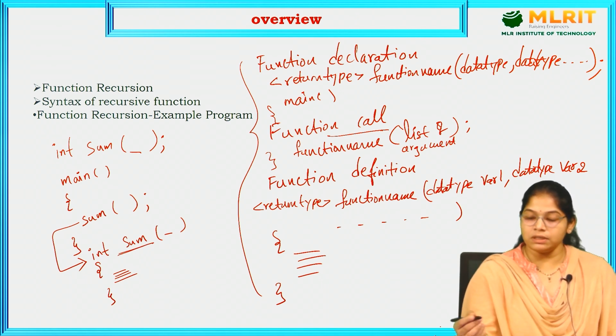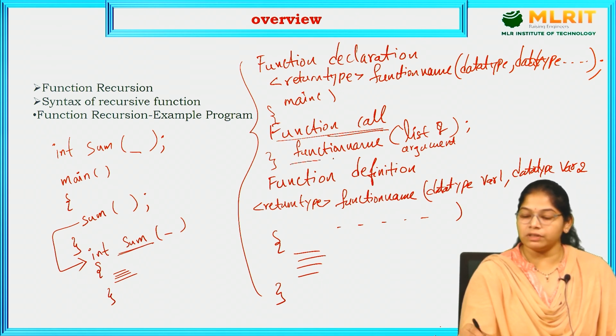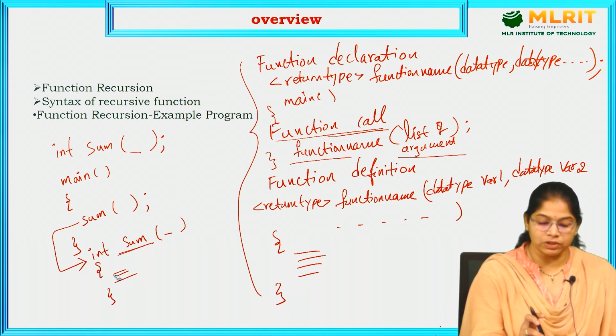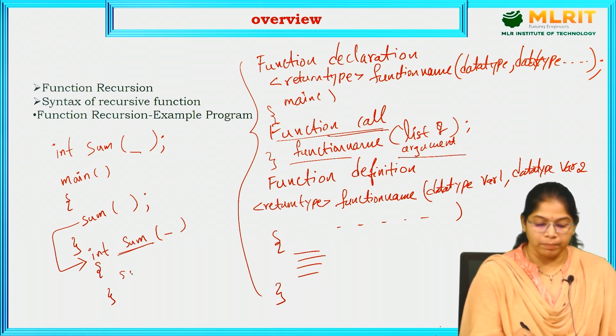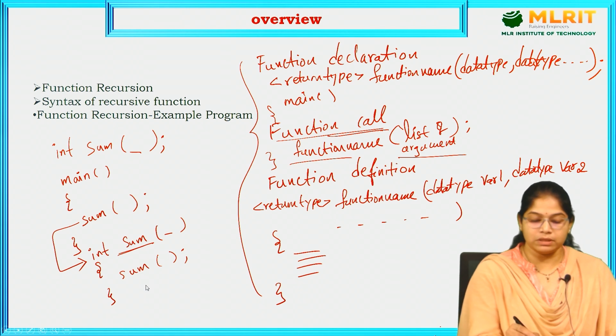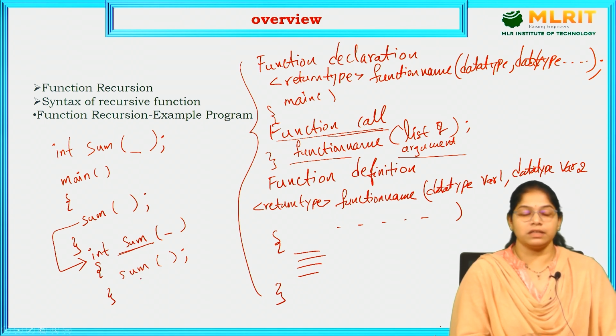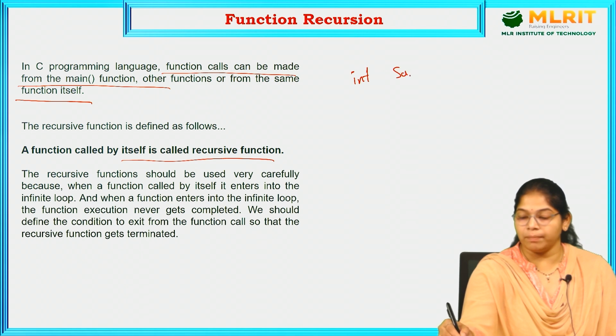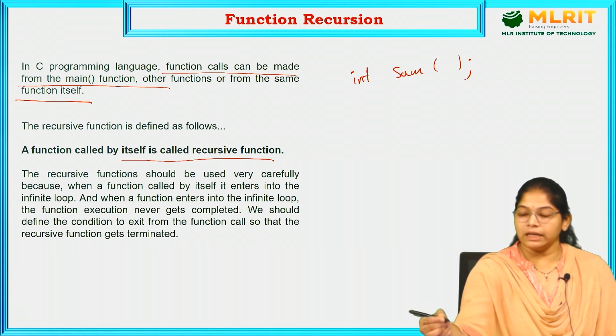How does it call? The function call syntax is the function name, and if we have any list of arguments we'll write them. Here the function name is sum. So now this becomes a function recursion, meaning the function is calling itself. Again I'll write here int sum. This is a declaration.